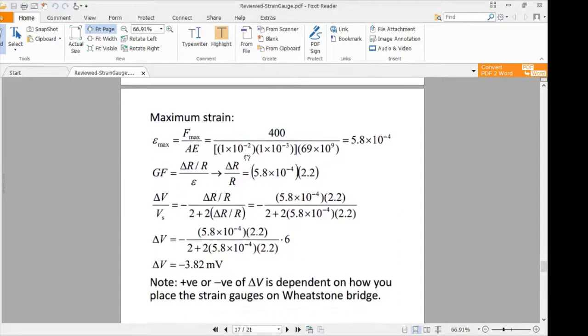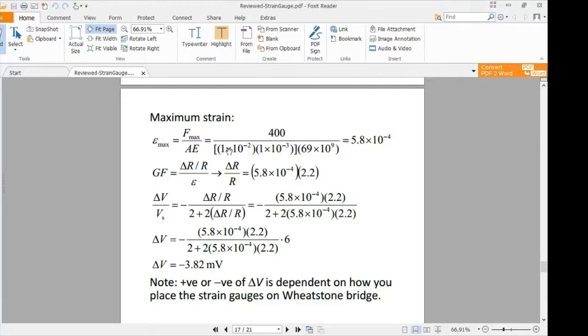And the maximum strain, on the other hand, can be determined from the Young's modulus equation. We know that sigma, the maximum stress, is given by F maximum divided by the cross-sectional area. The maximum force is given as 400 Newton.